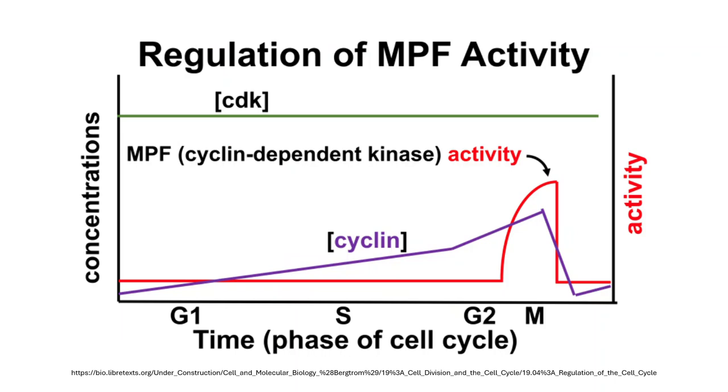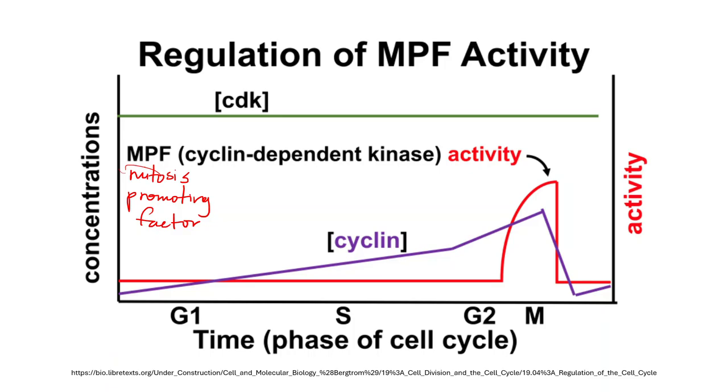So a cyclin here is going to bind to a particular CDK, and that is going to make this MPF, which is mitosis promoting factor. And a mitosis promoting factor is sometimes referring to a specific molecule. Sometimes it's used a little more generally, like here.